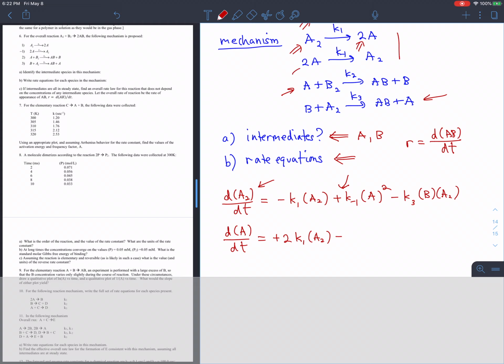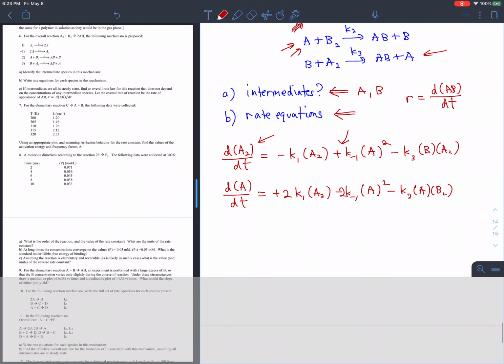Minus, it's getting destroyed in this case, K minus 1, a 2 in front again because it's getting destroyed at twice the rate, times A squared because it's a second order step. Then minus K2, it's a reactant, times A times B2. And finally, for the last one, it's a product, so plus K3 times the reactants B and A2.